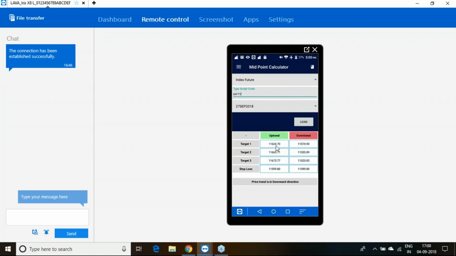And the midpoint method, what we used to do as per Gann's squaring method, is you find out the maximum how much the price can go today and the minimum how much the price can come down today. Then we analyze and get those levels. So this method is also a good method you can utilize for intraday trade.